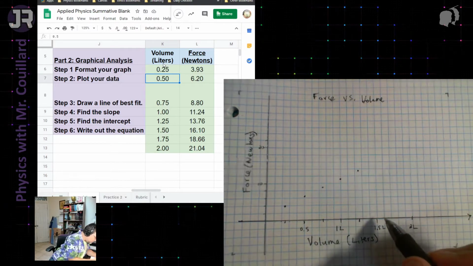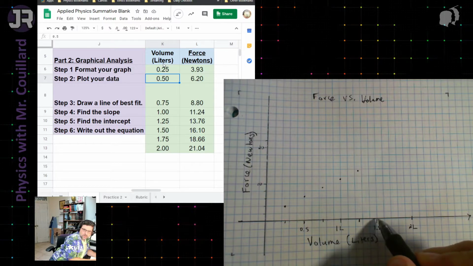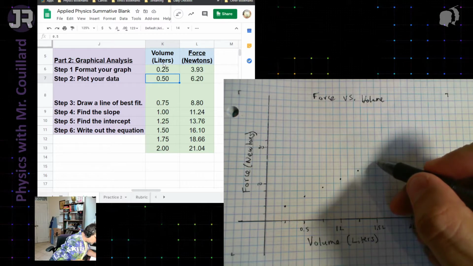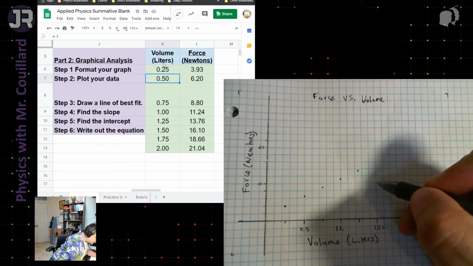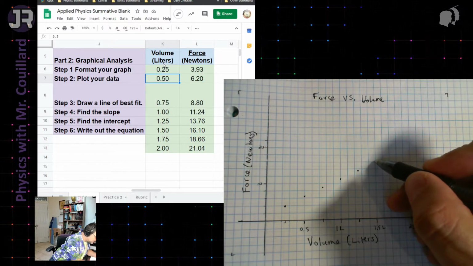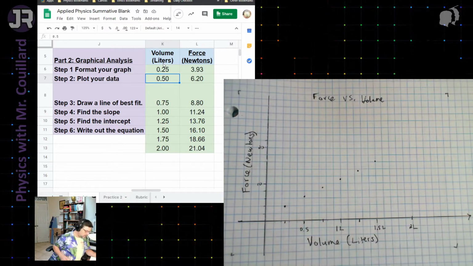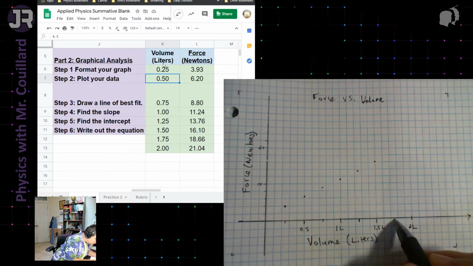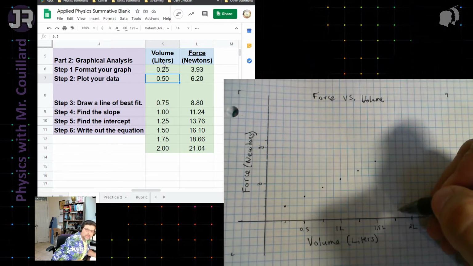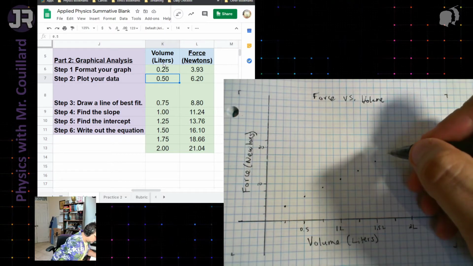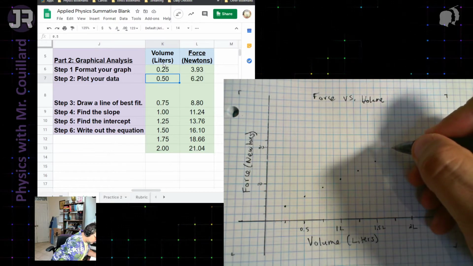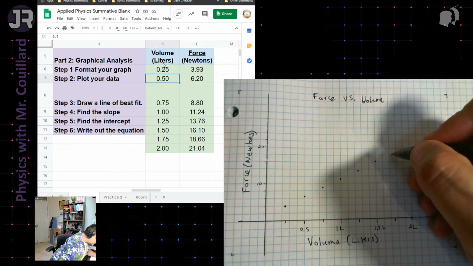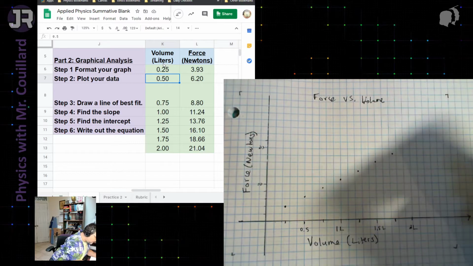Next one is 1.5 liters, and we're going up to 16.1. So this would be 10, 12, 14, 16, right there. 1.75, so 1.6, 1.7, halfway is 1.75, and so if this is 20, we're going to come down to 18, so it's a little above 18, right about there.